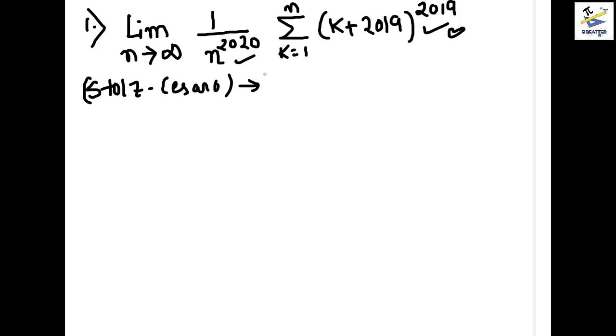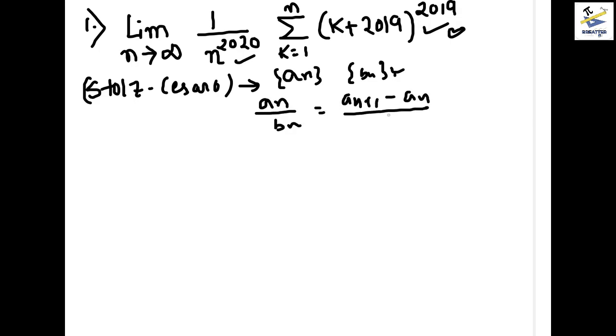Stolz-Cesaro basically says that if you have two sequences an and bn, under some conditions, which are that bn is monotone and divergent, for the case infinity by infinity, the limits of an by bn and of (an plus 1 minus an) divided by (bn plus 1 minus bn) are equal.